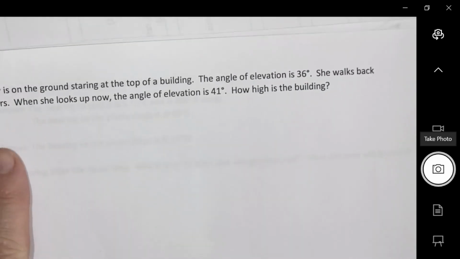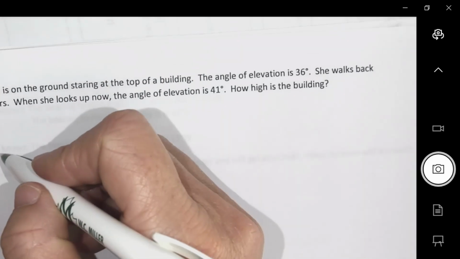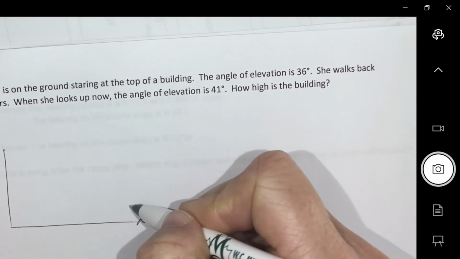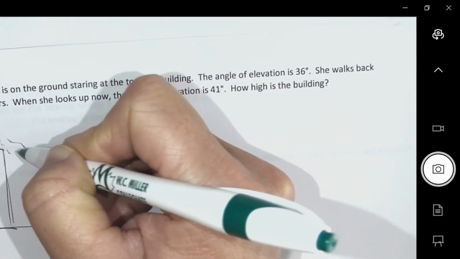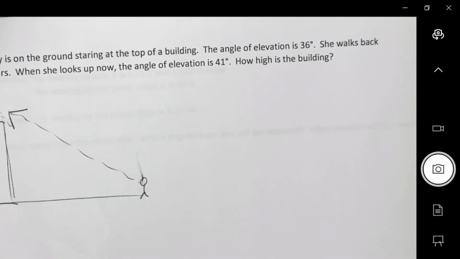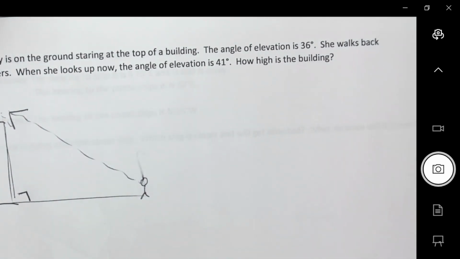Polly's on the ground and she is looking at the top of a building. So that's the situation, standing on the ground, looking up at the top of a building. We can assume that a building makes a 90 degree angle with the ground.